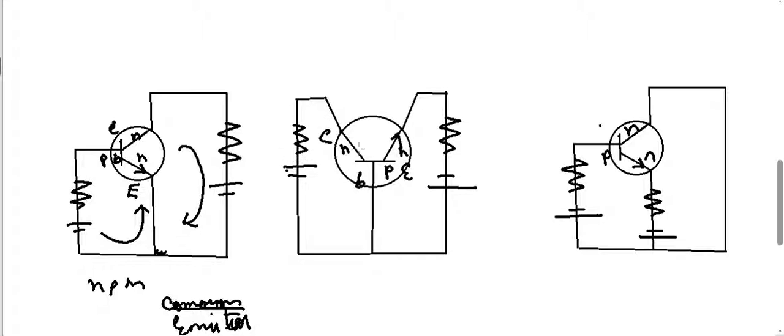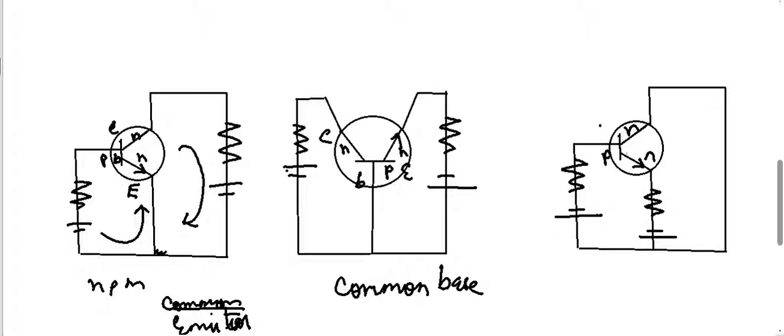So this is reverse bias, which satisfies our normal definition of a transistor. This has a slightly different construction. Here the base is connected to the collector also, and the base is connected to the emitter also. So the base is connected to both collector and emitter, so it is known as common base type.